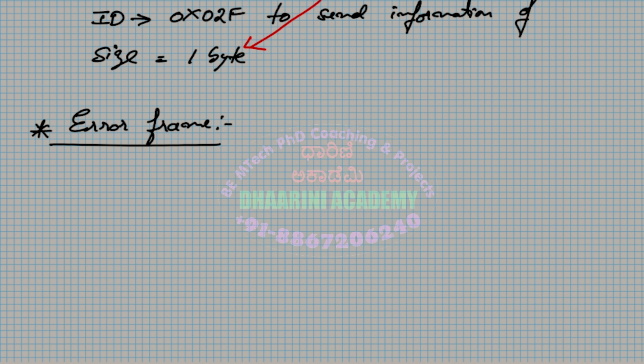That's all. Either send 5 zeros or 5 ones. That is enough to identify it as an error frame. Some error is occurring in the CAN system, or the CAN protocol is not being validated or properly executed.